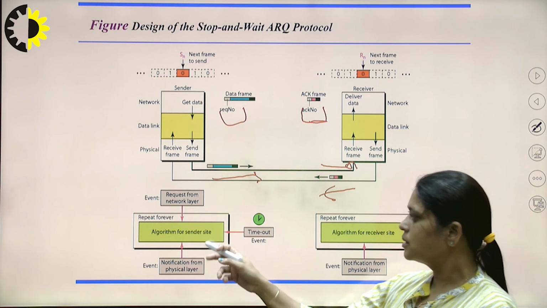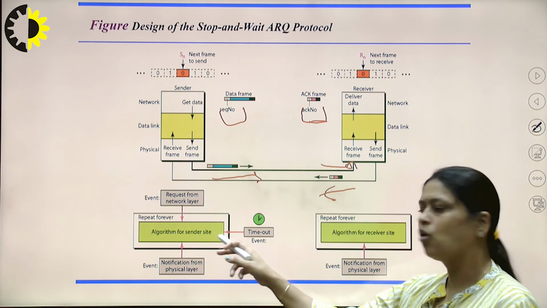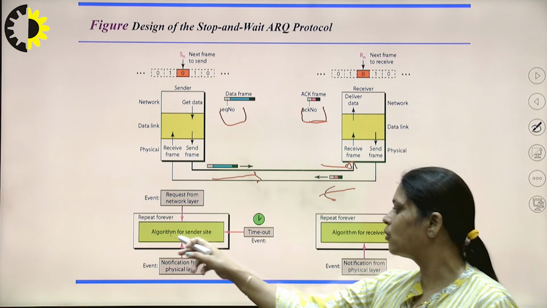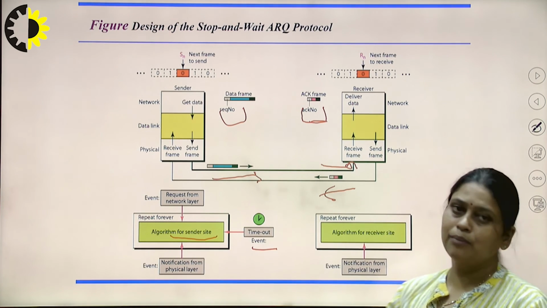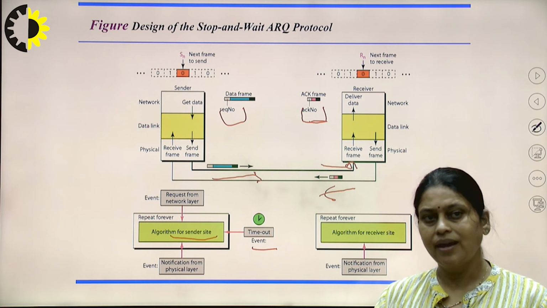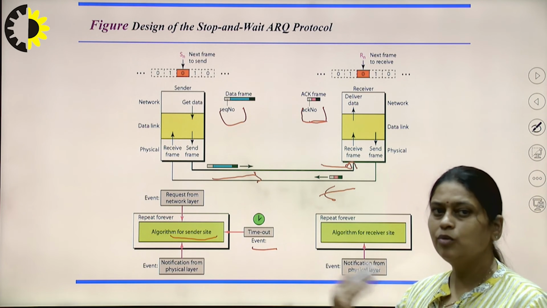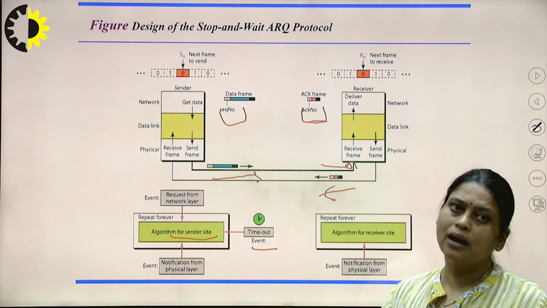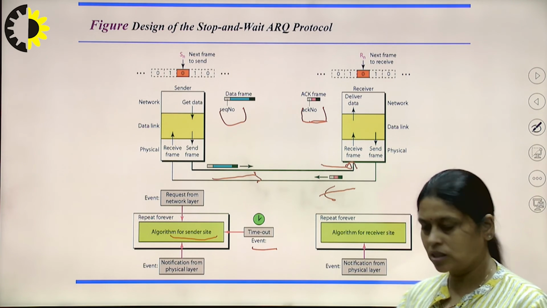So this is an event request from the network layer. We will apply the algorithm for the sender side. If timeout occurs, meaning within a period of time we have not received that acknowledgement, then we can understand that our data or our frame is lost.